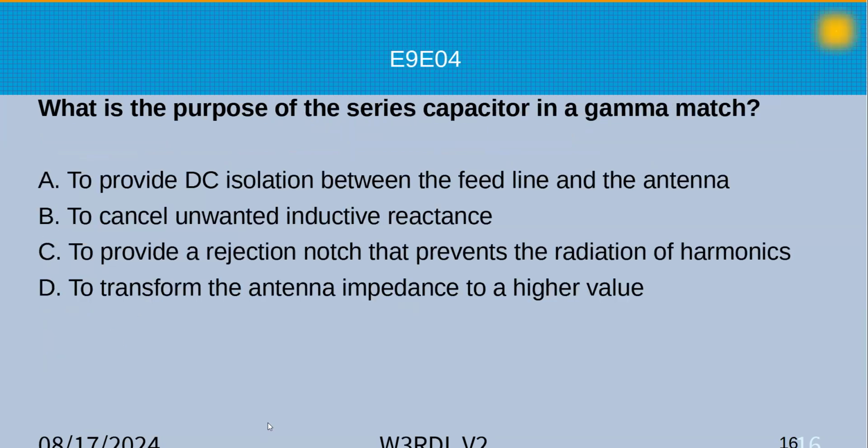What is the purpose of a series capacitor in a gamma match? Well, we can eliminate A and C, right?